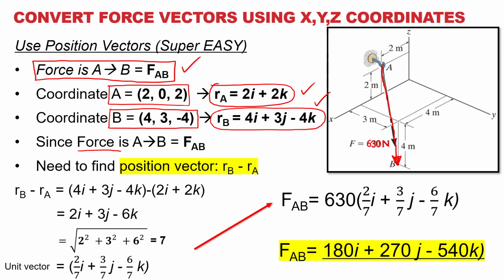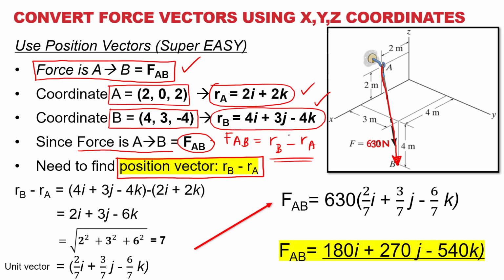Since the force is from A to B, the force that you need to find is FAB. In order to get FAB, you need to find something called the position vector. The position vector you should find is RB minus RA. If it's FAB, you need to find RB minus RA.